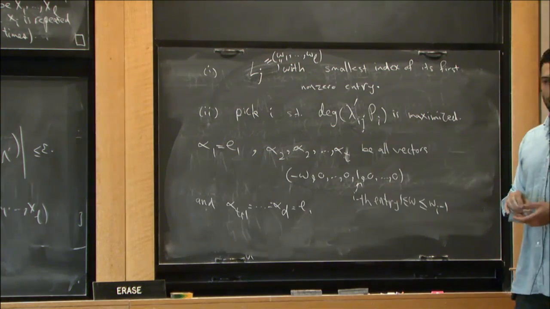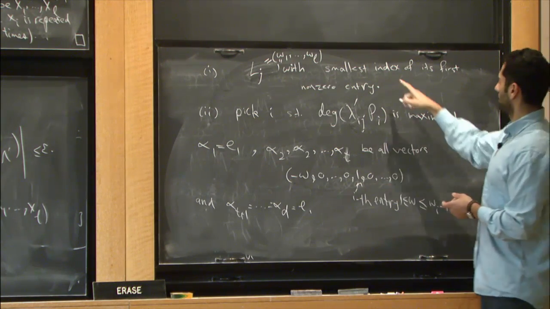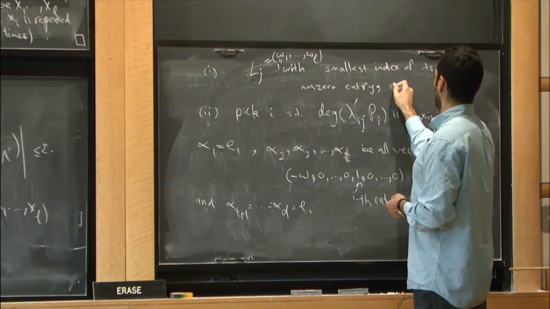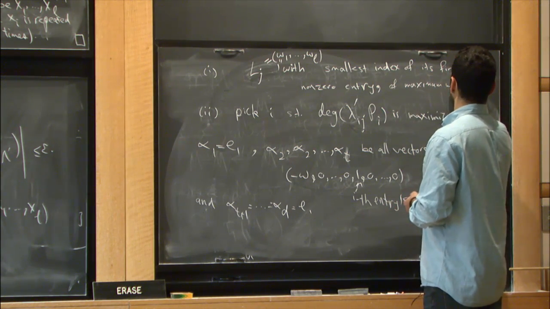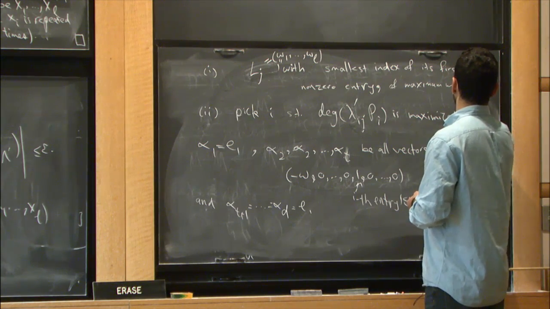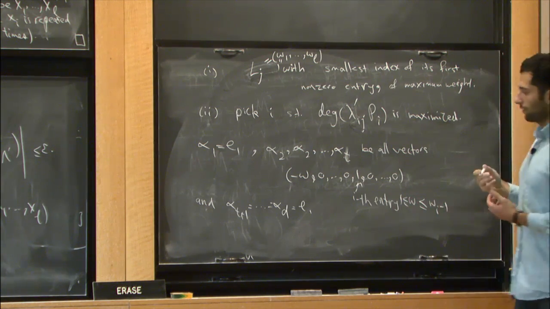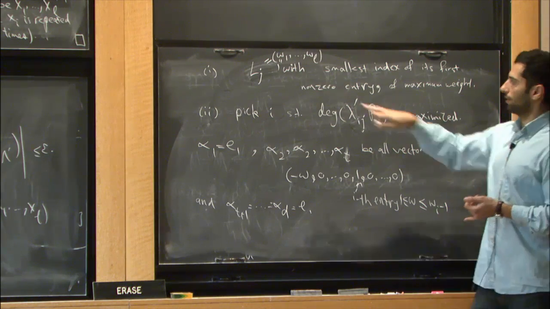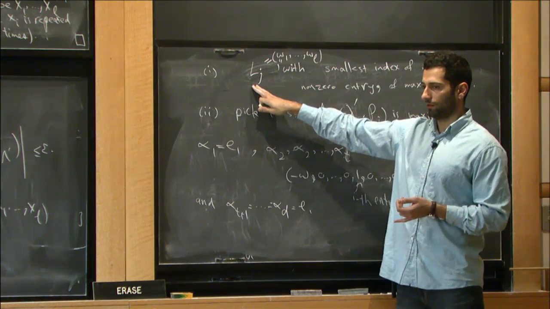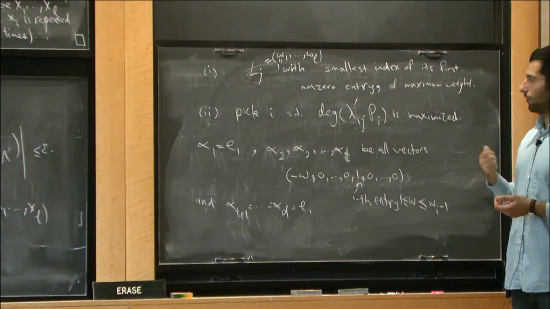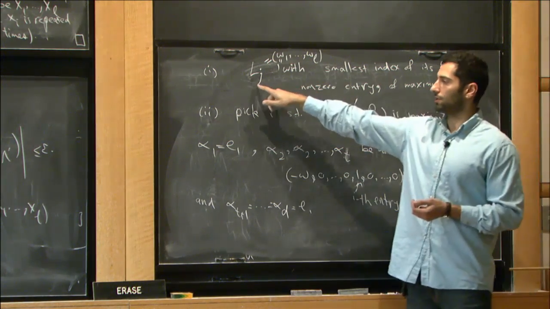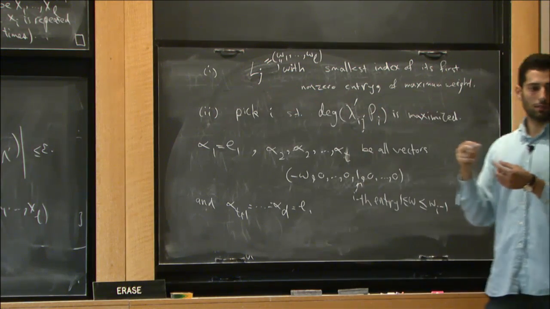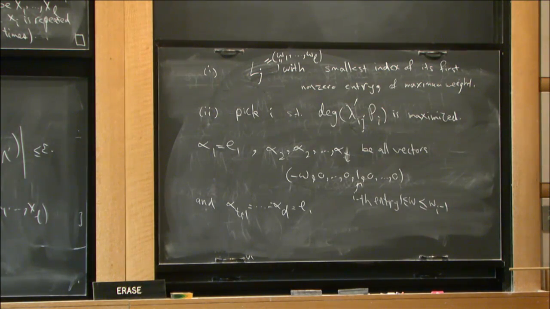And here I also want it of maximum weight. So the only thing that could survive are L_j itself or linear forms where the first entry is 1. But because L_j was of maximum weight among them, such a thing must have an entry which is lower weight than some entry of L_j.